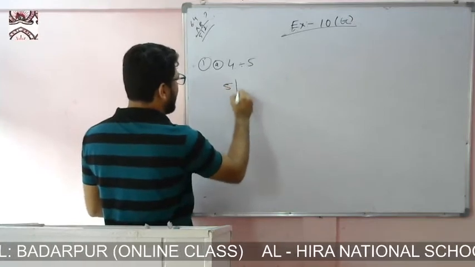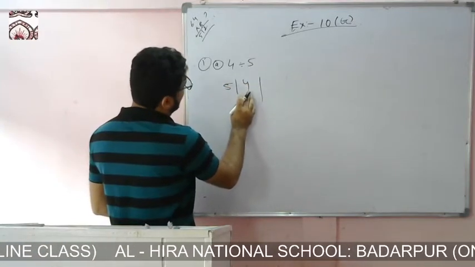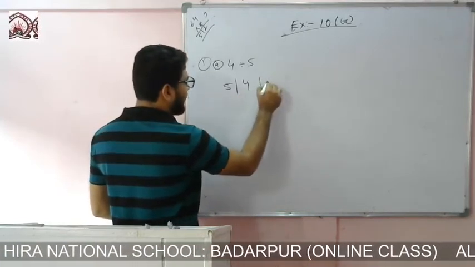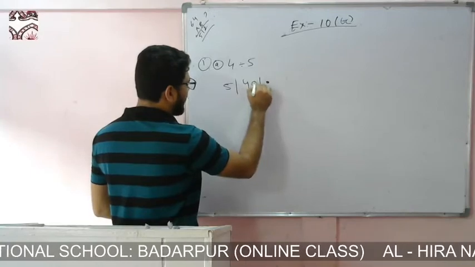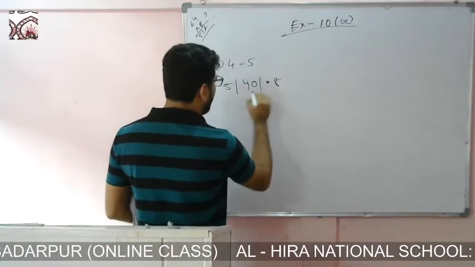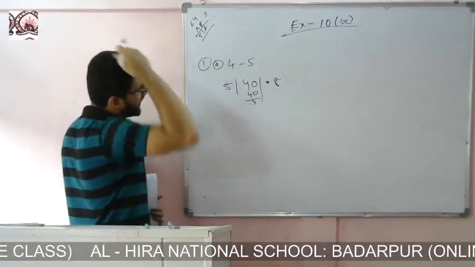The divisor is 5. Here you see we cannot divide the dividend because the dividend is smaller. So we'll put 1 point, and we'll bring 10. Then 5 8s are 40. Okay, that is the answer.